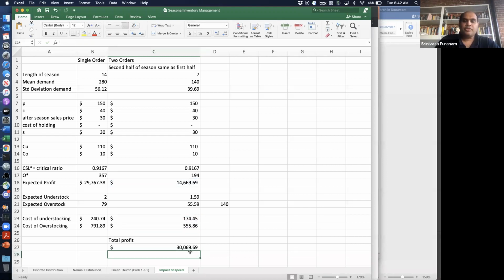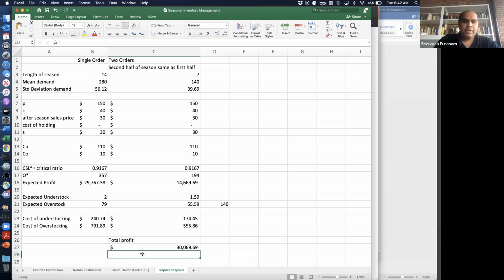There you go. So $30,069.69. So that is the average profit that you can expect if you place 2 orders in a season, and the second half of the season works the exact same way as the first half.